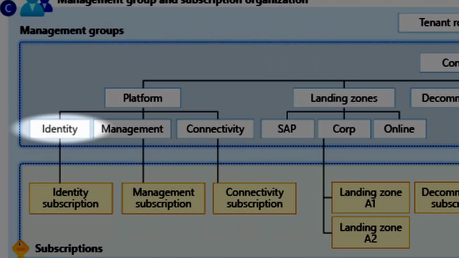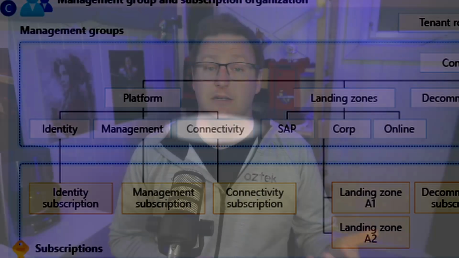For example, your identity staff could be given access to only the identity management group. Your network staff could be given access to connectivity and corp, for example, and so on. Giving people access at the lowest level possible is one of the steps to a least privileged kind of setup, and we all know that that's what everyone wants.